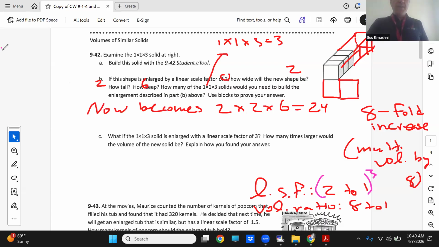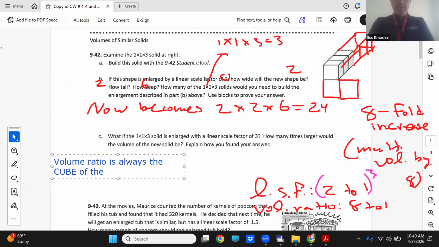So this is the key idea here. Don't forget this. Volume ratio is always the cube of the linear scale factor. Why?